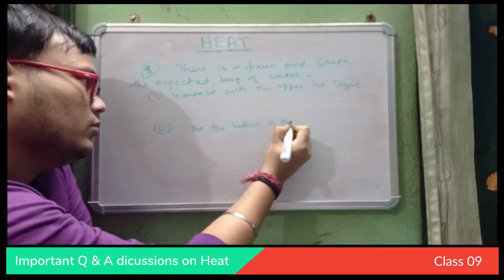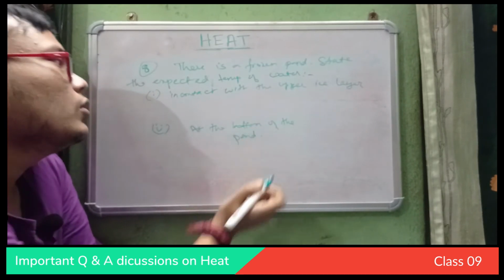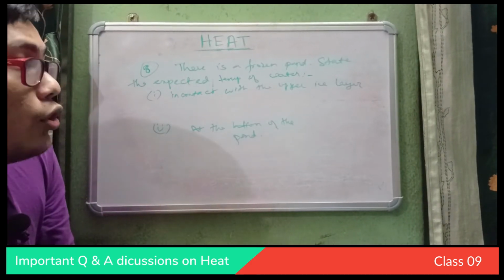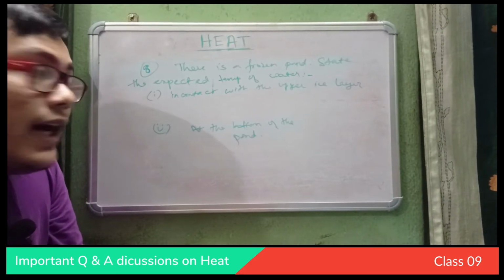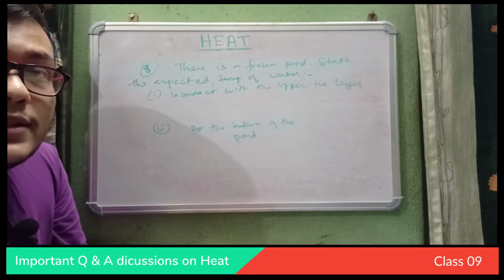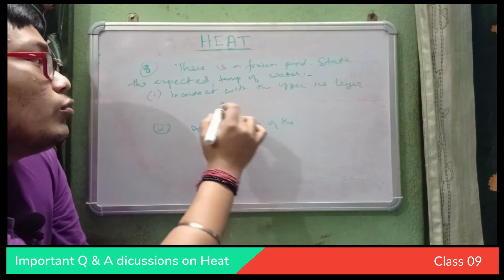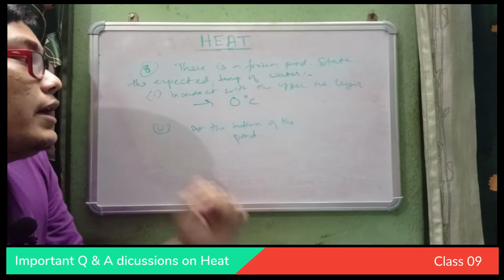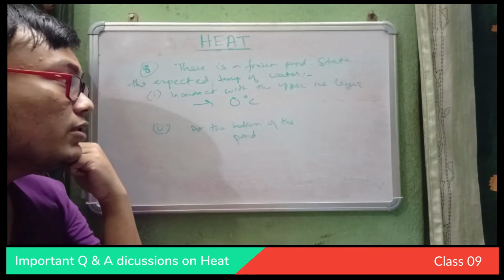We know that the water in contact with the upper layer of ice is of low density, so its temperature will be 0 degrees Celsius, and at the bottom of the pond the density will be much more.